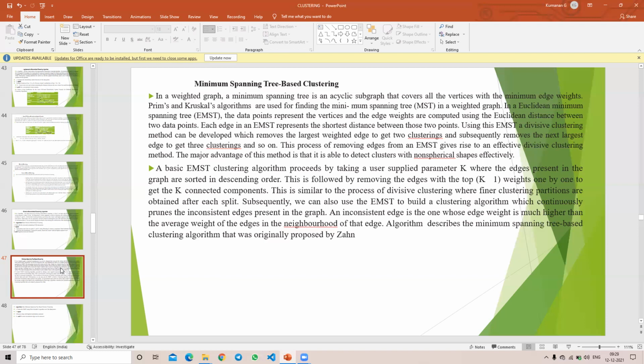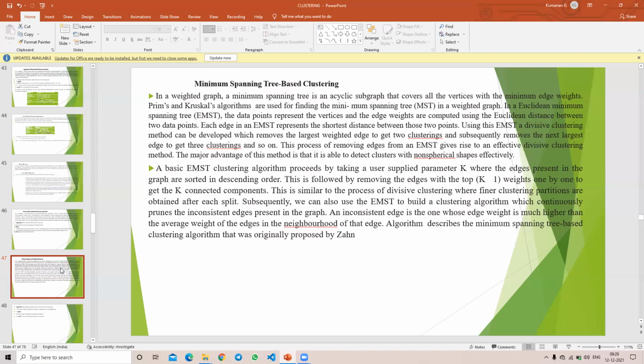We can also use the EMST to build a clustering algorithm which continuously prunes the inconsistent edges present in the graph. An inconsistent edge is one whose edge weight is much higher than the average weight of the edges in the neighborhood of that edge.